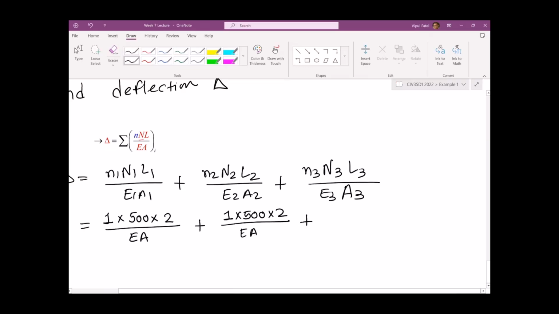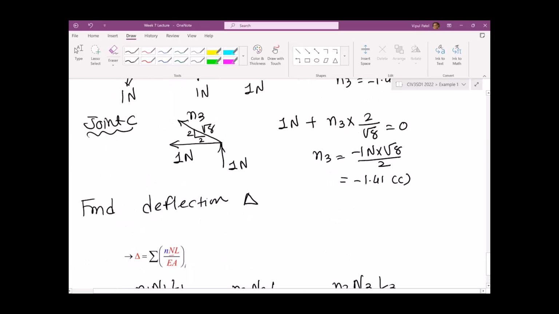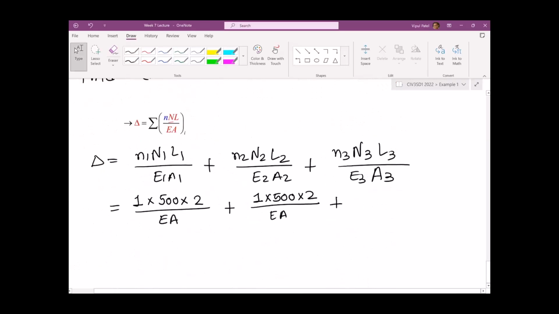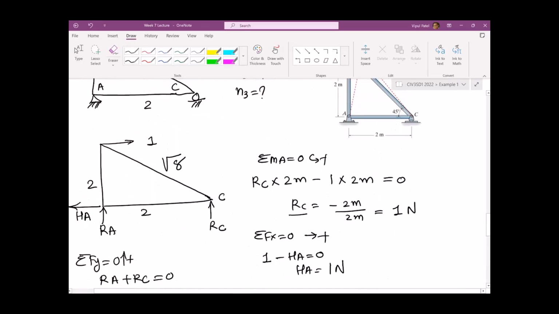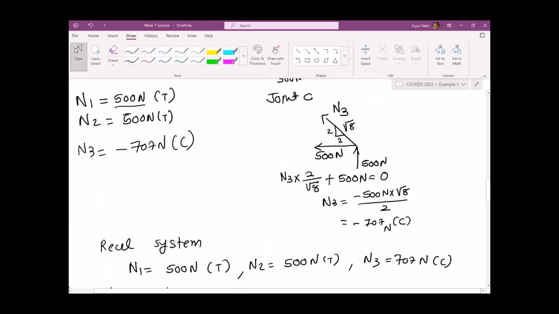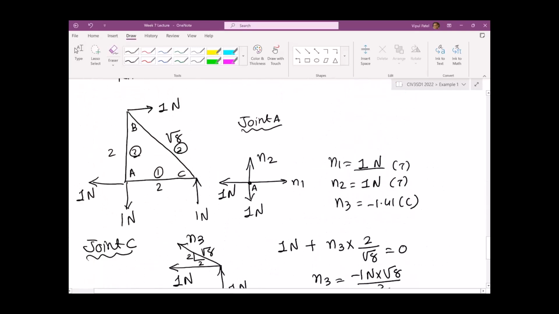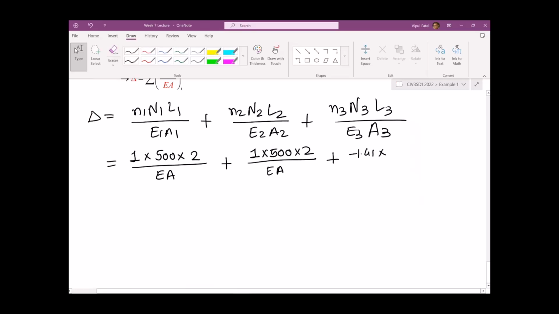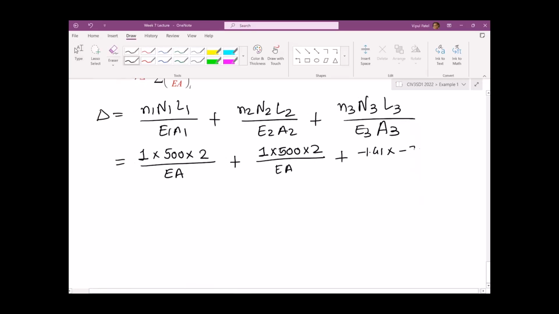For N3 we have the same value, N3 minus 1.41 times N3 we calculated, minus 707, times L3, square root 8, over EA.